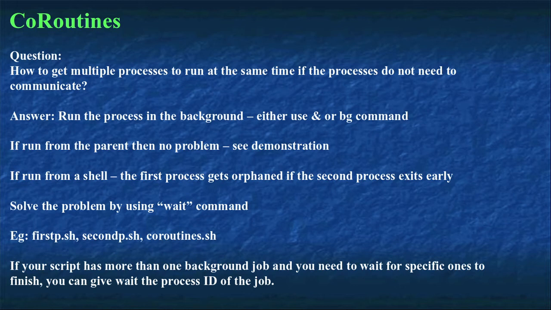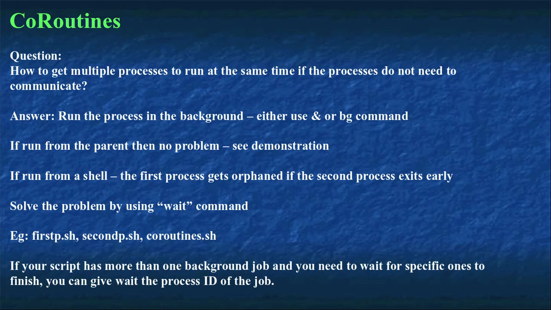Now, if I want only first P to be completed, then I can give the wait for the specific process ID and then find out how to exit. In this way we will ensure that all the processes are completed before I go to the next execution of the shell script. See, this is the idea.